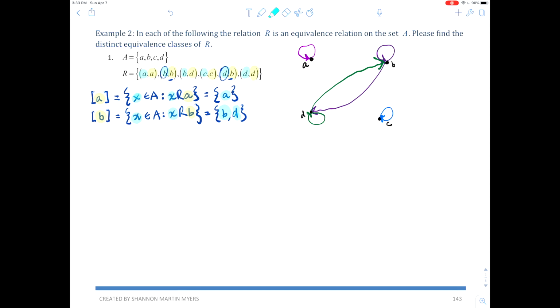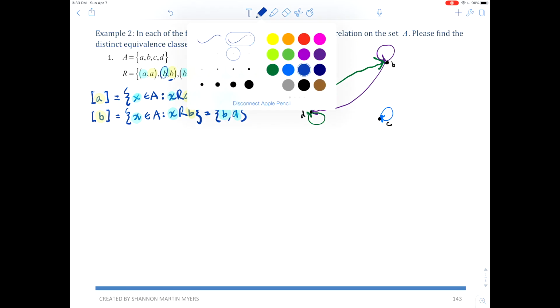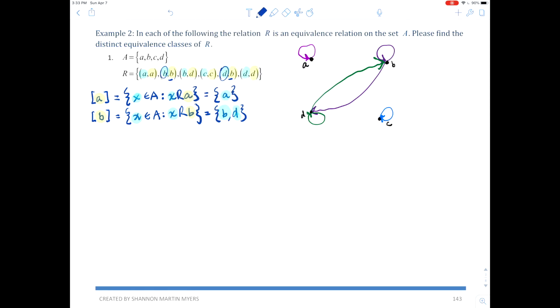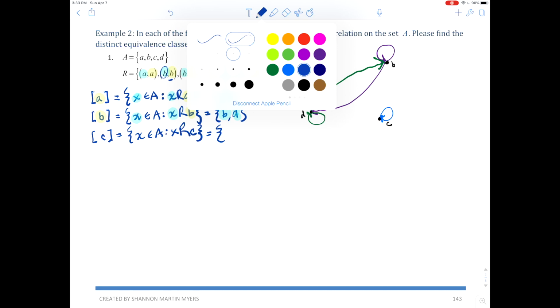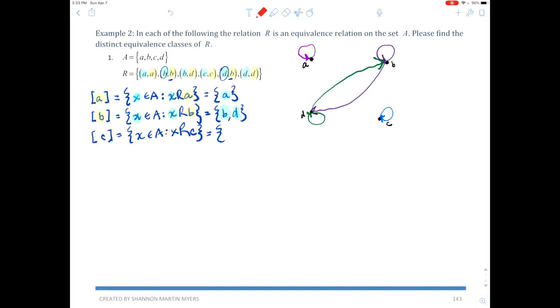Cool? All right, so next up we have the class of C. So we're looking for all the inputs that belong to the set A such that that input results in an output of C. Now we're going to look at where the C's are as an output.